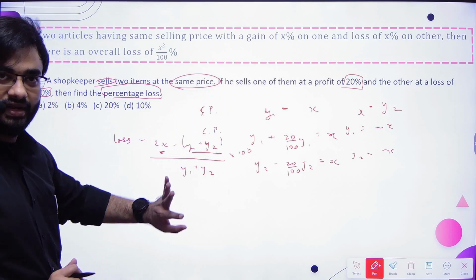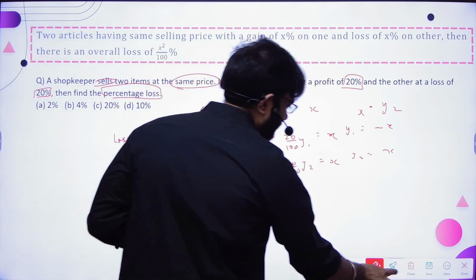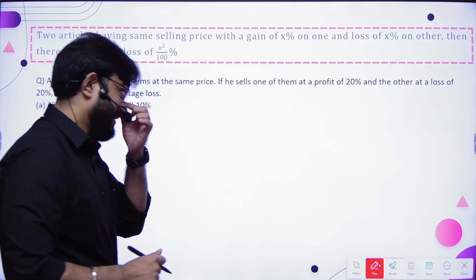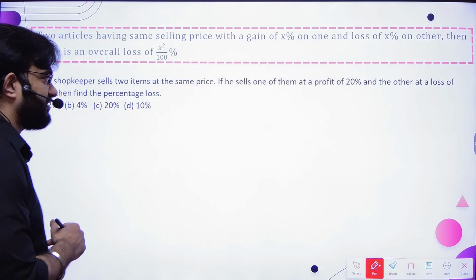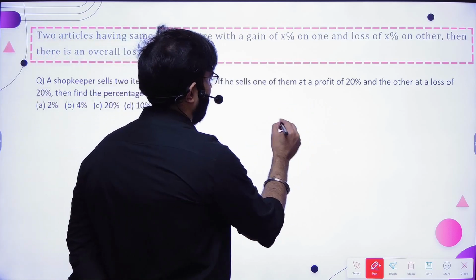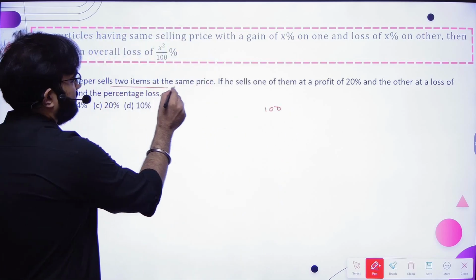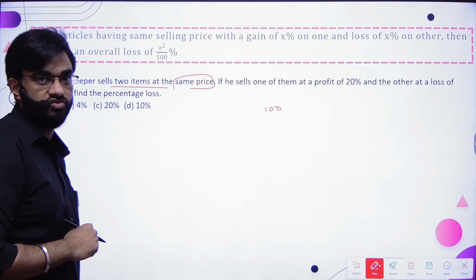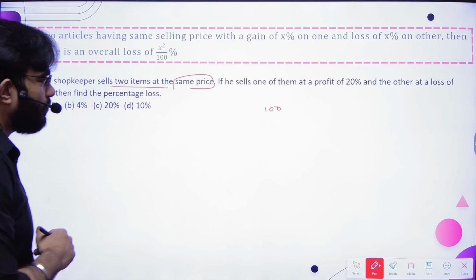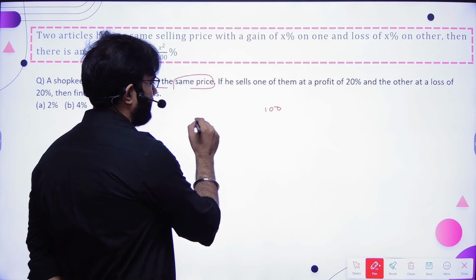Okay, so you can derive this now. Now I was talking about fractions. If we take 100 as the selling price of both, what will be the cost price?